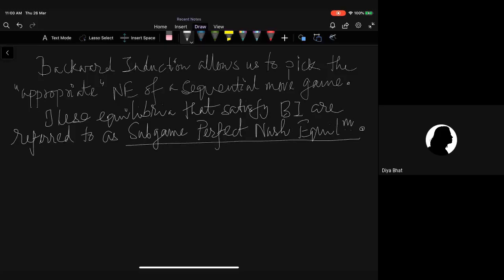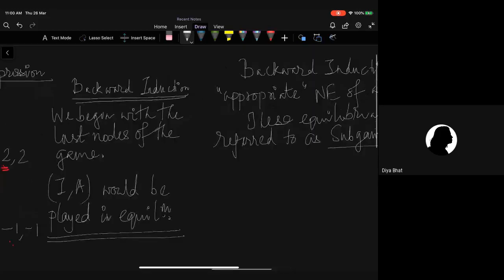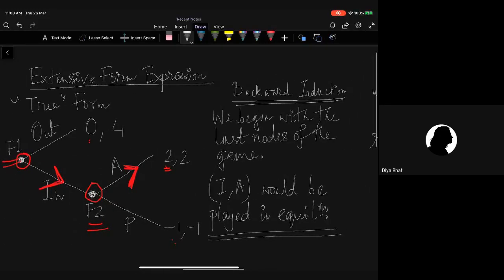So for now let's stick to this definition, and I'll expand on that later. I'll not do any proof to show that backward induction always picks a Nash equilibrium. You just take it as given that it will always be true. It's not obvious, but it will be the case. In this simple game, it's relatively easy to see how it will be a mutual best response.